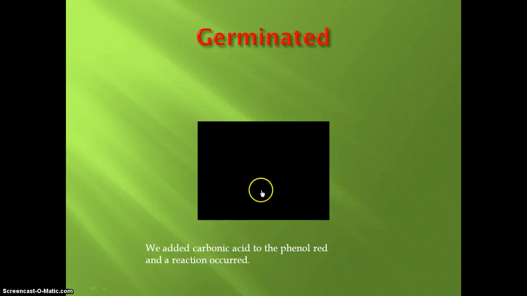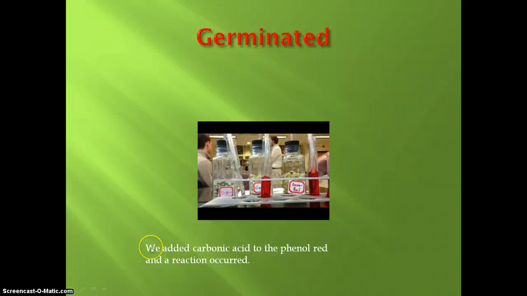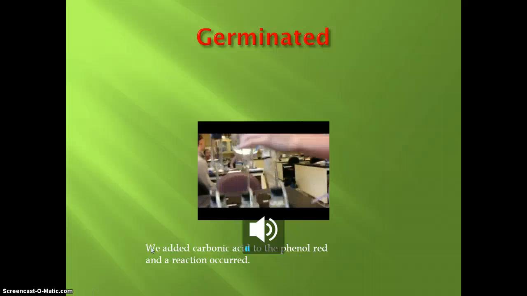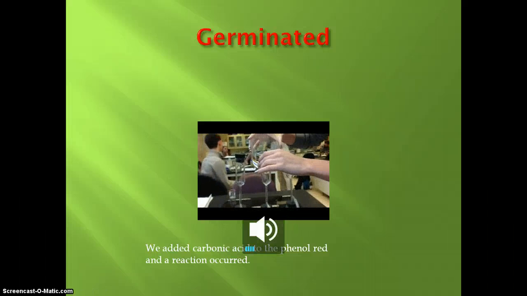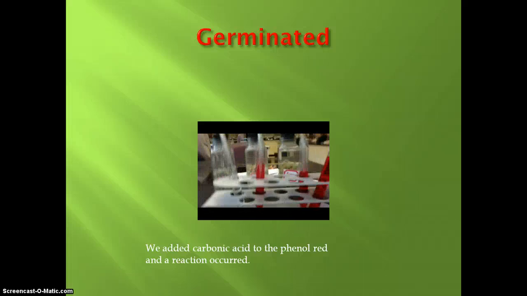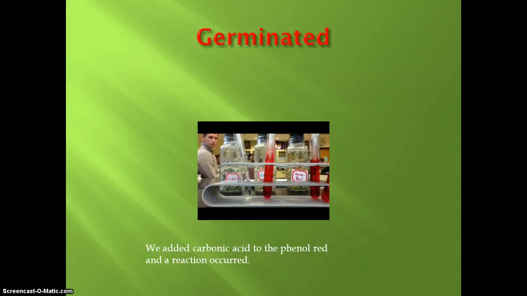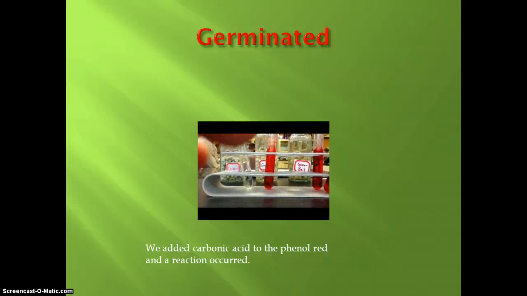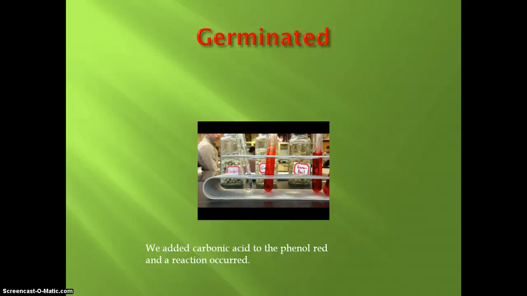This video is one we did of the germinated peas. No reaction at first. Note that there's yellow liquid bubbling over here.